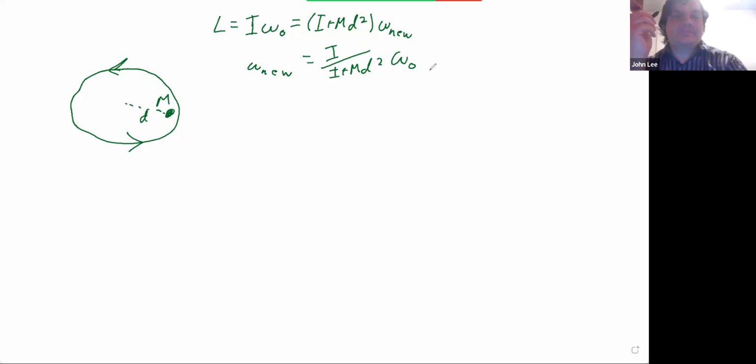But you're changing the moment of inertia, which means that it's going to be harder to spin because there's an extra mass at an extra distance away. So it's going to have some angular velocity smaller than the initial angular velocity.